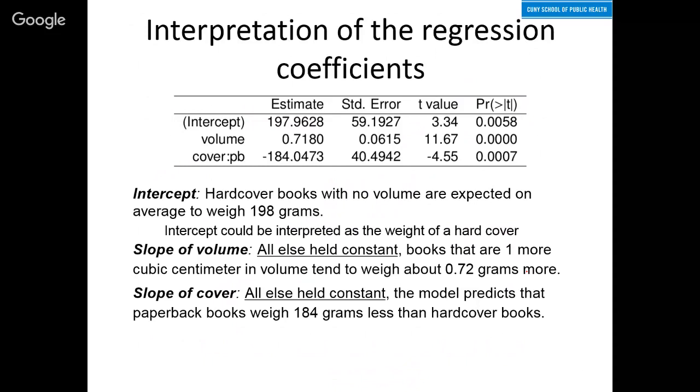And this coefficient for cover paperback means that, all else held constant, for 2 books of the same volume, paperback books weigh about 184 grams less than hardcover books. So this is your interpretation for coefficients of any additive model.